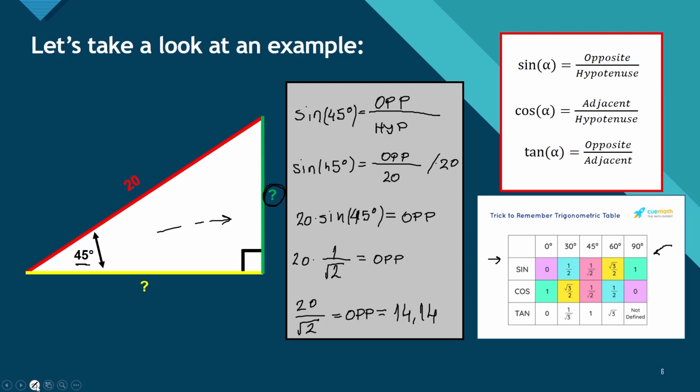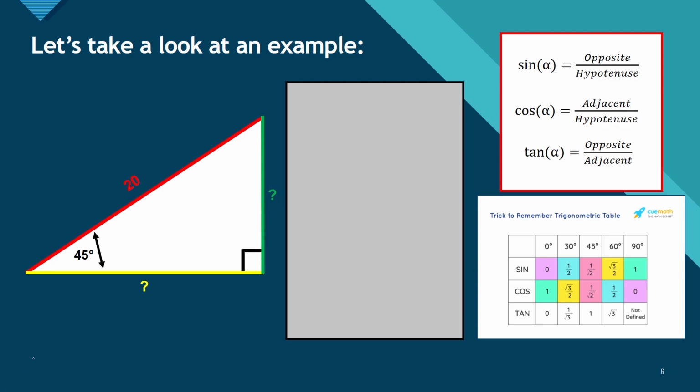Let me erase all the ink. So now we know that this is 14.14. Okay, let's try to find the adjacent one. The function we use for the adjacent side is the cosine.